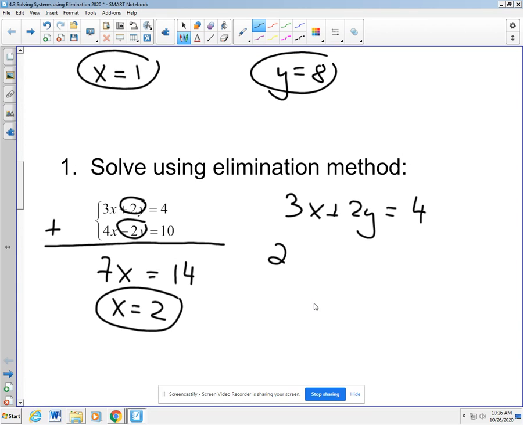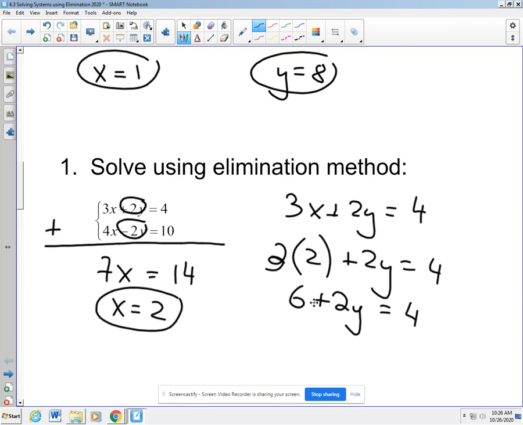That will be 3 times 2 plus 2y is equal to 4. 6 plus 2y is equal to 4. Subtract 6, 2y is equal to -2. And if you divide by 2 on both sides, y is equal to -1.